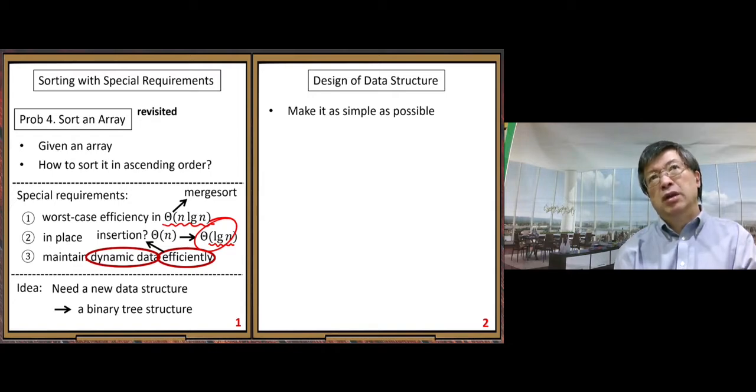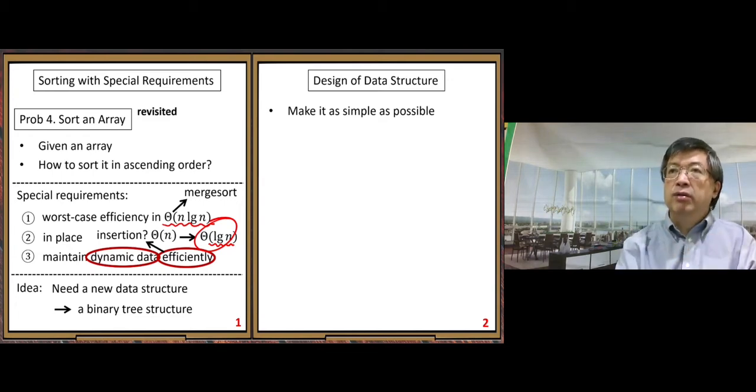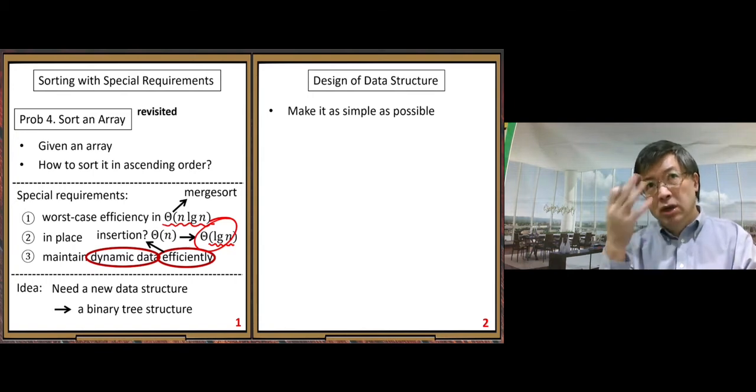But sometimes, if you do not use a very complicated data structure, you may not be able to solve the problem. That's true. But in general, we want to use a data structure as simple as possible, and also good enough to solve the problem. That's usually the common way that people use.